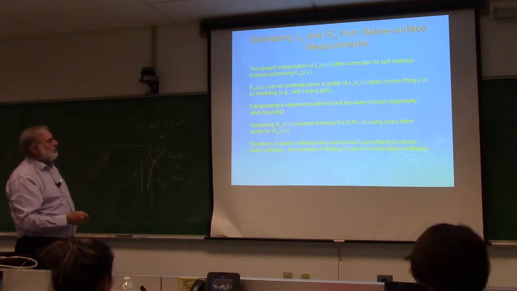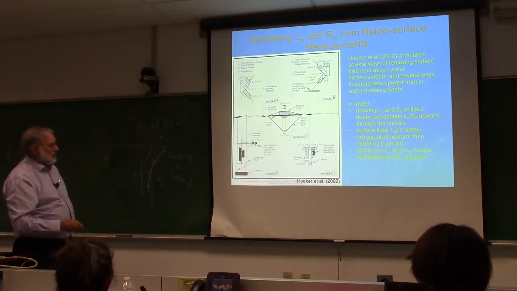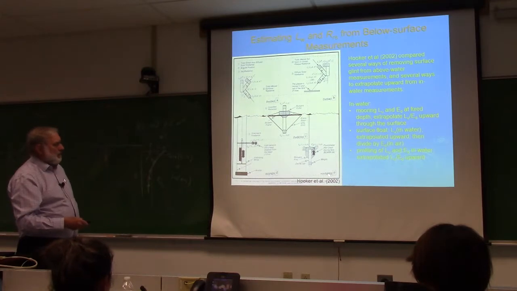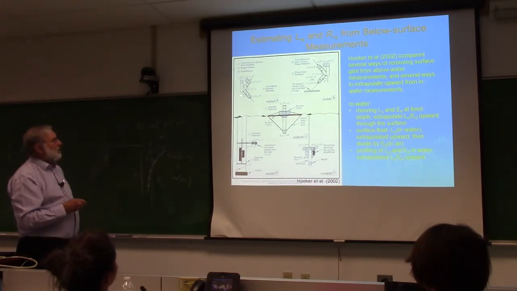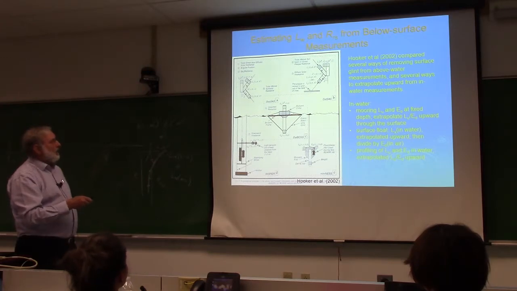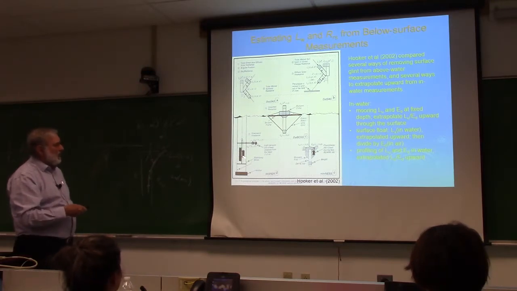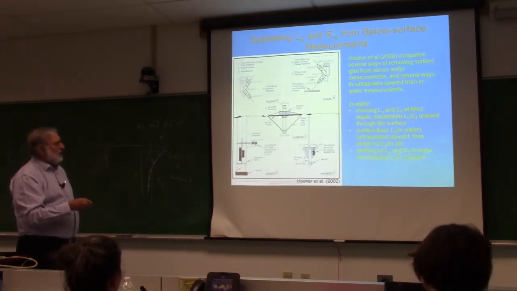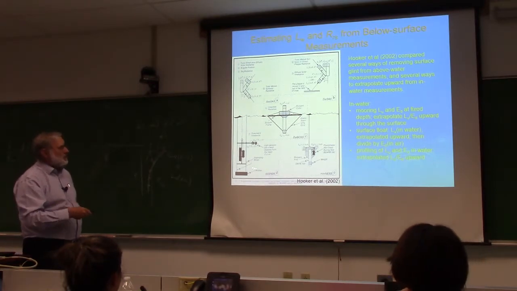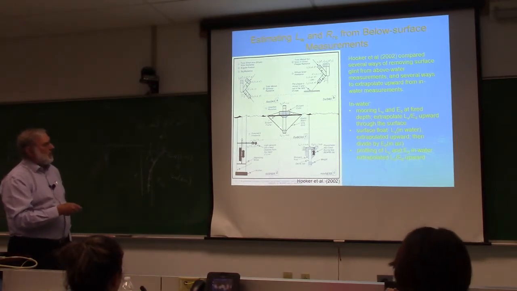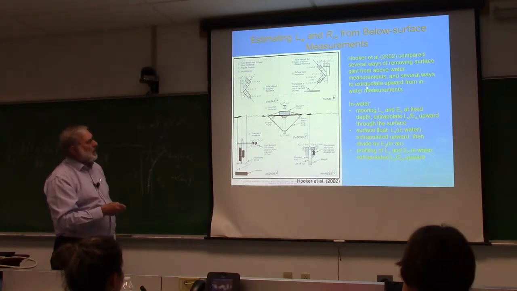So anyway, there was a big comparison of methods by Hooker and Company a few years ago. This is just a diagram of all these different ways they tried to cook up or ways they used to estimate remote sensing reflectances. So they had both above water and in water measurements.